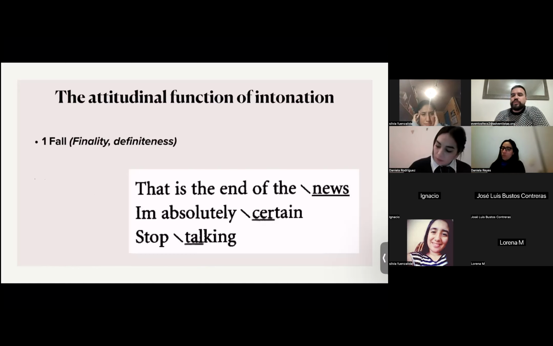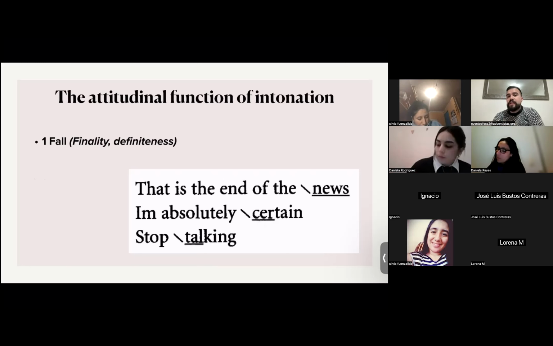Now, we are going to see how these different functions work, right? We are going to begin with the first one, fall. We use fall for finality, right? For example, "That is the end of the news." "I'm absolutely certain." "Stop talking." It's like, stop, finish with that.